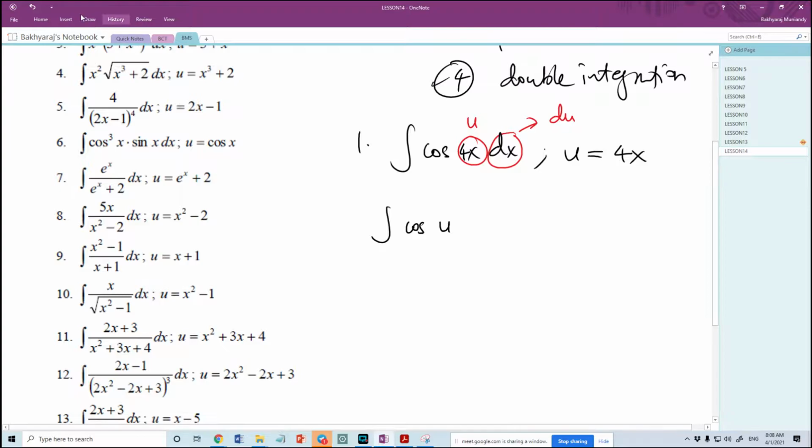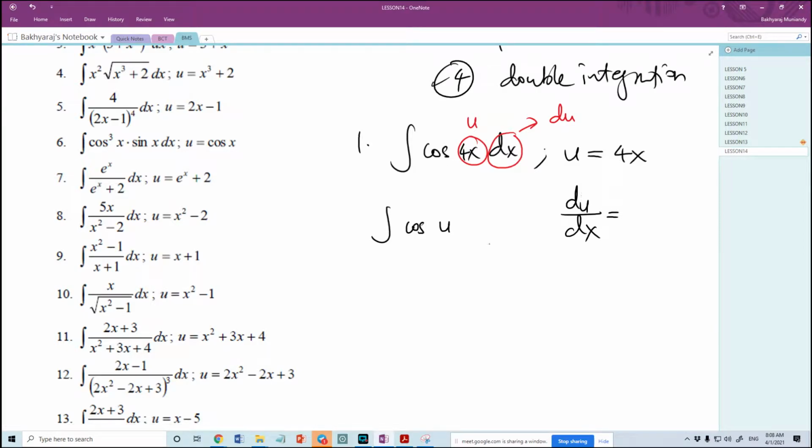Look here. u is actually 4x. So now I'm going to differentiate, du/dx. du/dx will give me what?